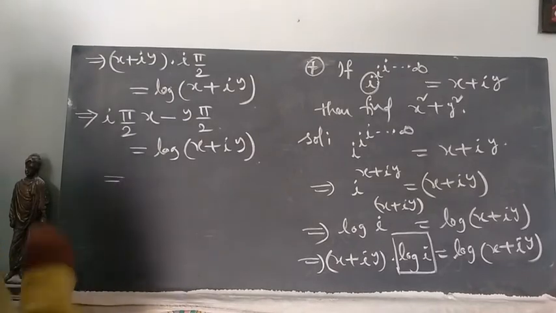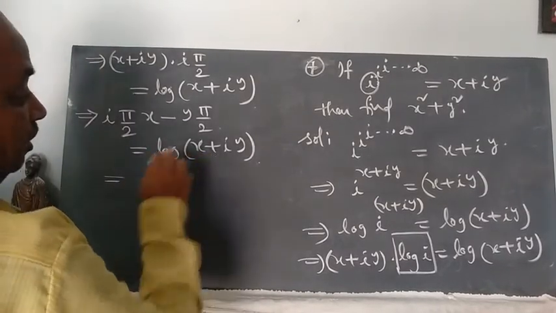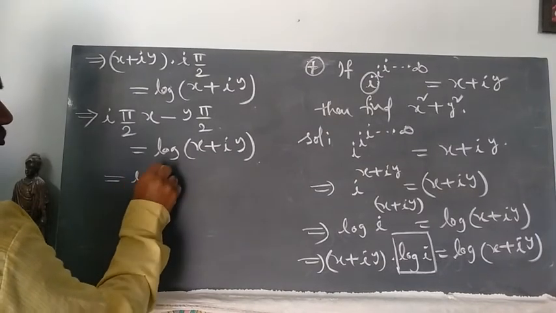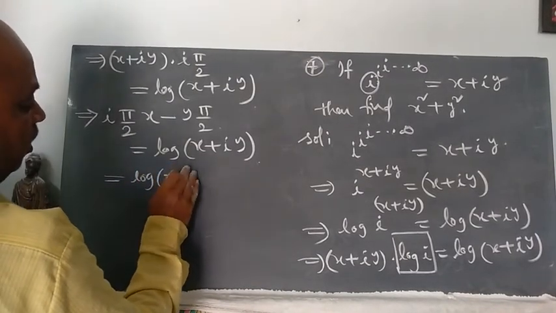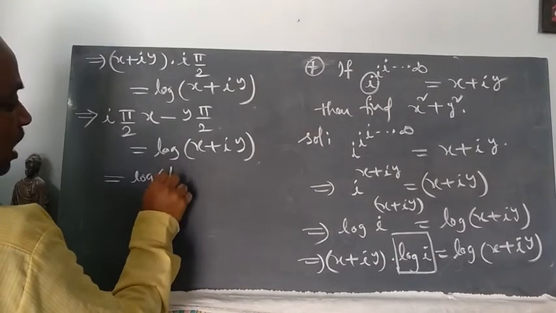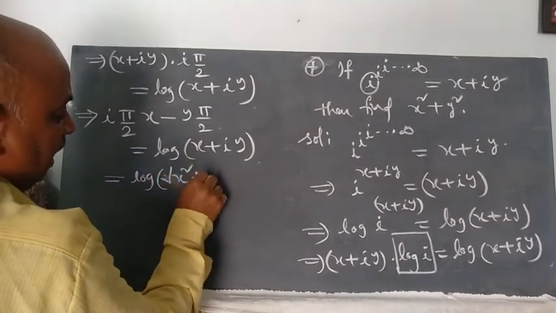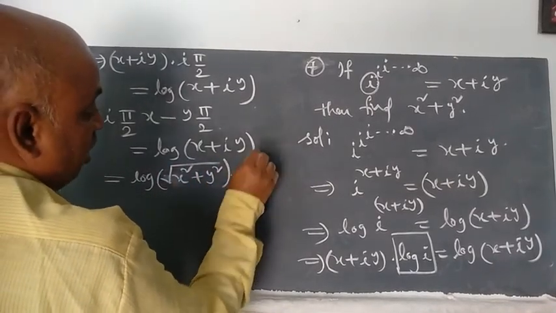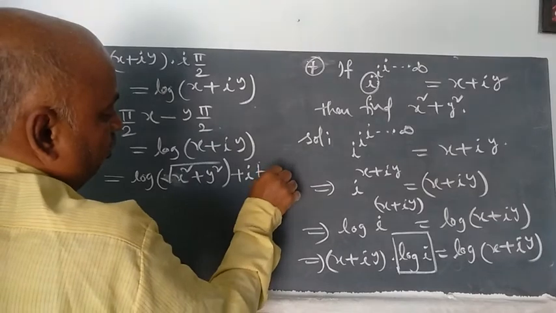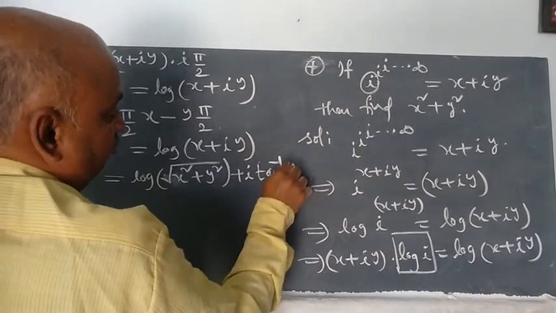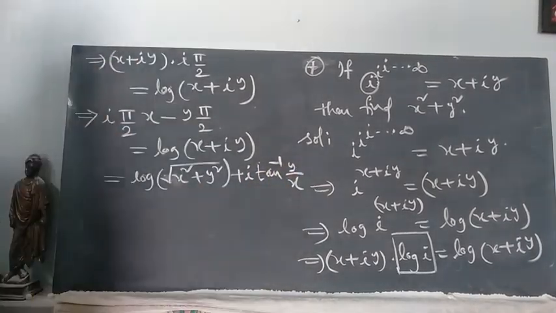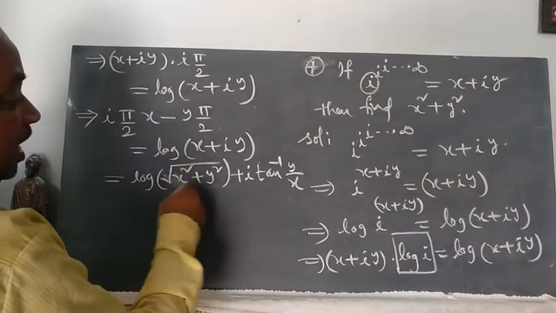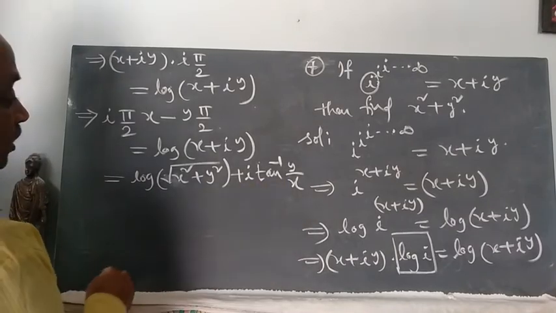This is equal to log of a complex number, which is log r, log of square root of x square plus y square, plus i into tan inverse y by x. On the left hand side it is a complex number, on the right hand side it is a complex number.